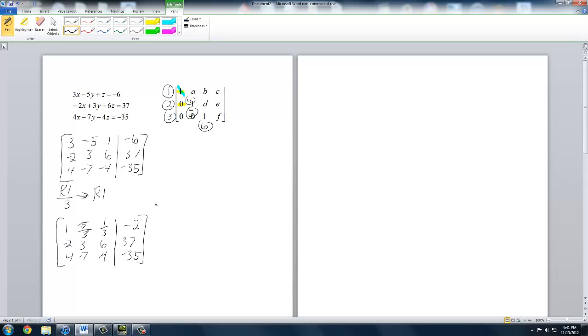I'm going to write that over here. So we're going to take 2 times row 1 and add it to row 2, and this is going to give us a new row 2. So 2 times 1 is 2. Then we have negative 10 thirds, 2 thirds, and negative 4.